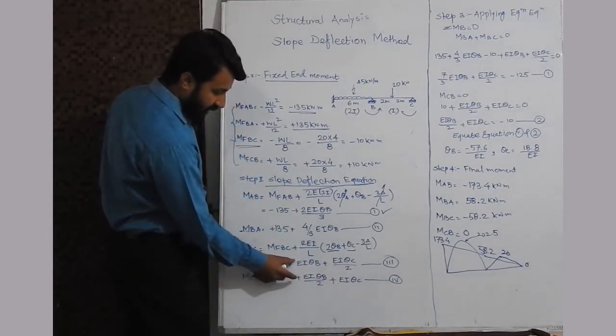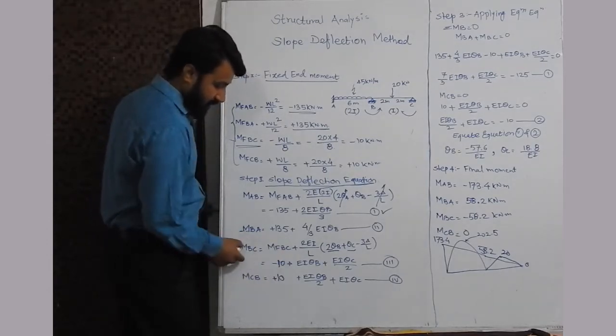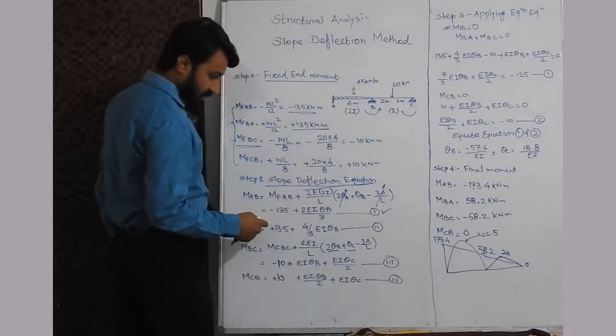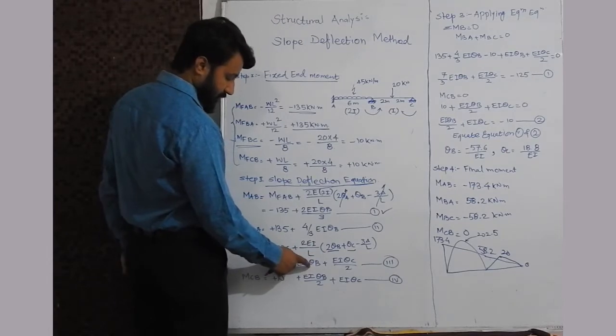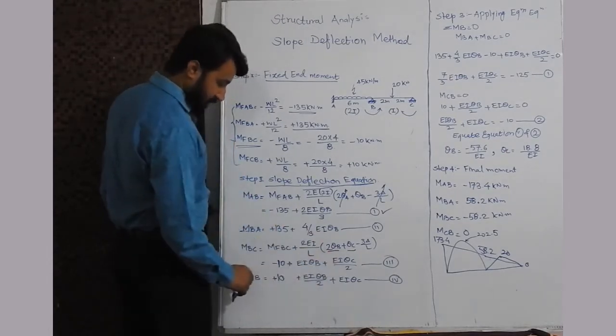So you can compare this. If you talk about BC, the moment going from left to right, the same value appears with half and double in the other.